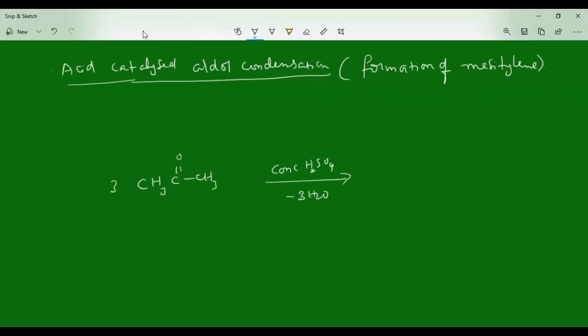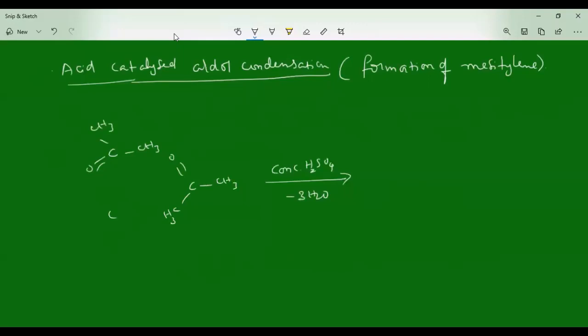Suppose you want to mention exactly how this is present, I'll also show you. These 3 acetone molecules form a cyclic structure. One acetone molecule is taken like this. Another acetone molecule is taken like this. You just see how closely we are going to remove the water molecules, 3 water molecules.